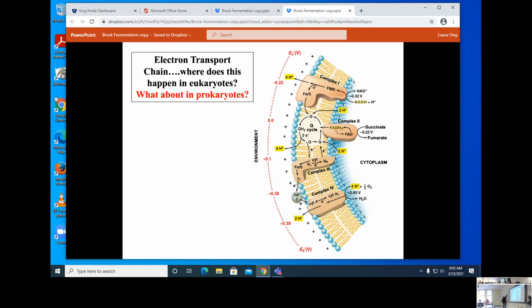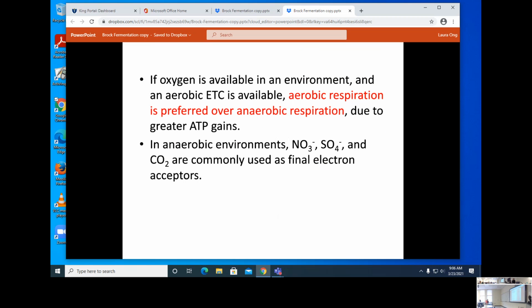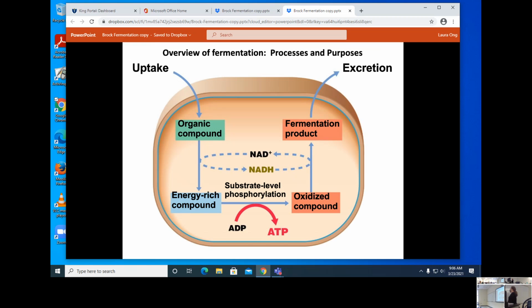The cell is going to use up all of its NAD plus supply pretty quickly and then have nowhere to put electrons. And that's really bad because in that case, you're not even making the puny 2 ATP per sugar in glycolysis. That would be really bad.